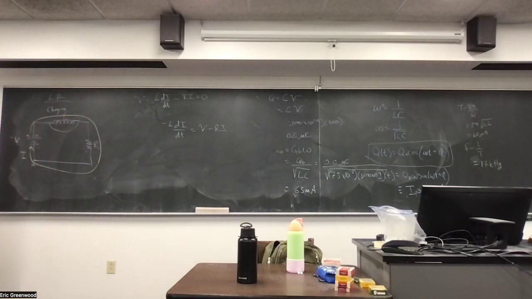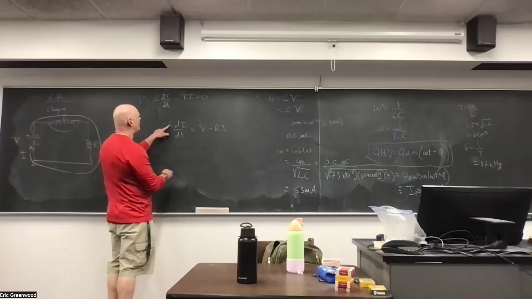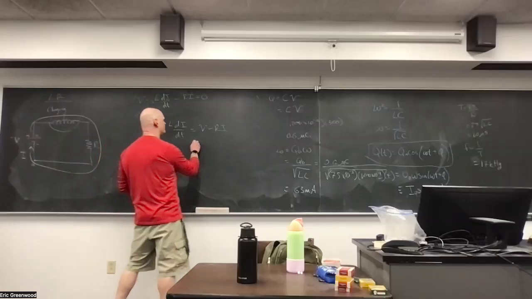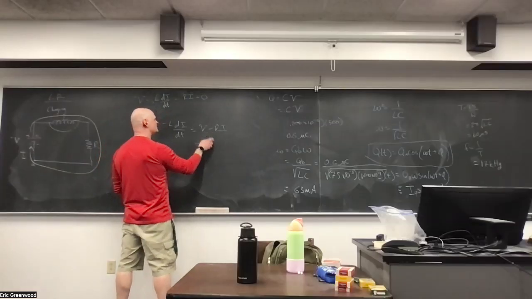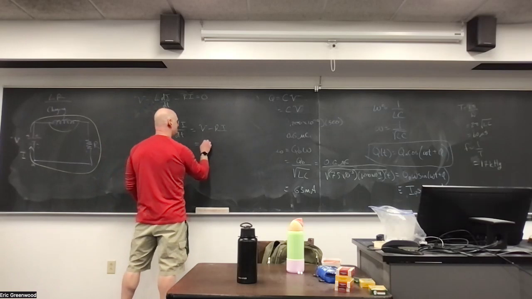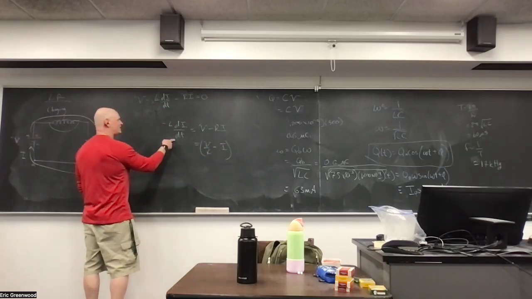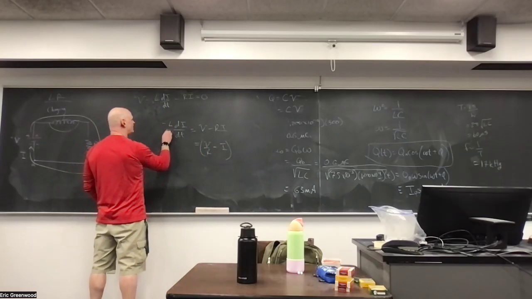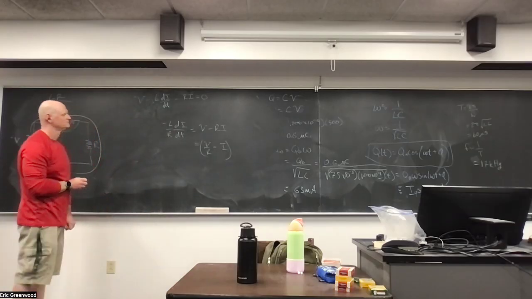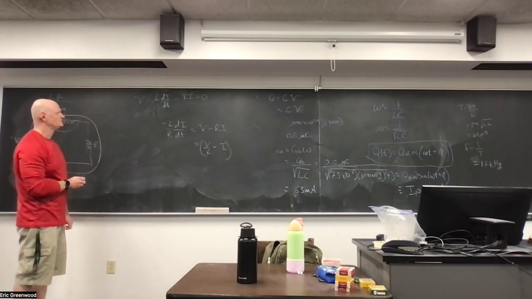That's okay. Now from here, let's use our separation of variables. So first thing I'm going to do is pull out this R. So I'm going to write this as V over R minus I, and then bring the R to the other side, so I'm going to get a 1 over R here. Okay.